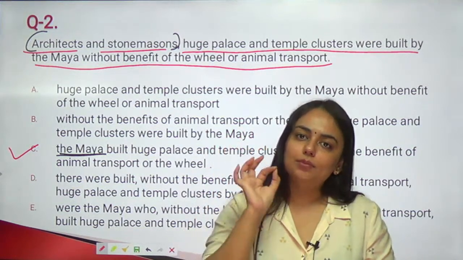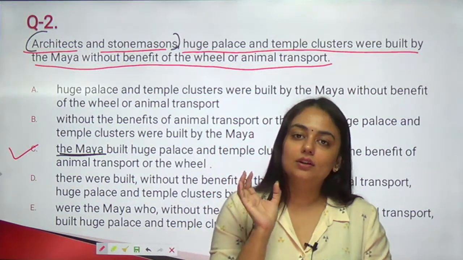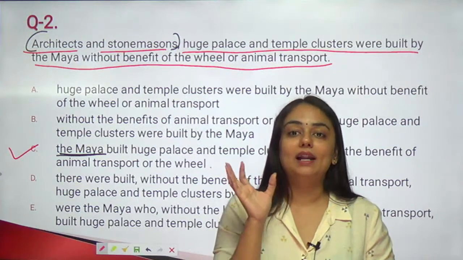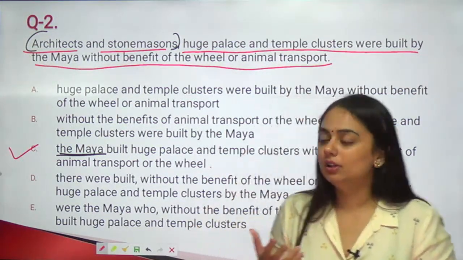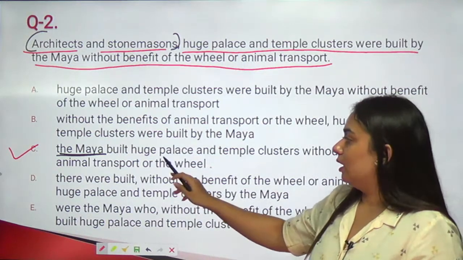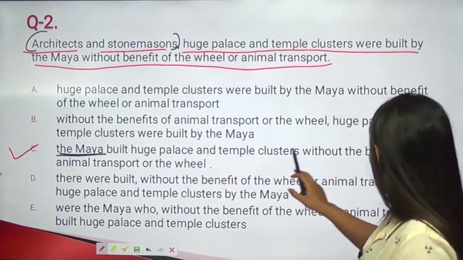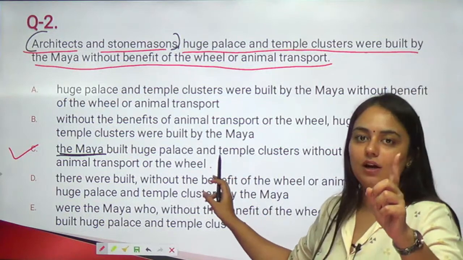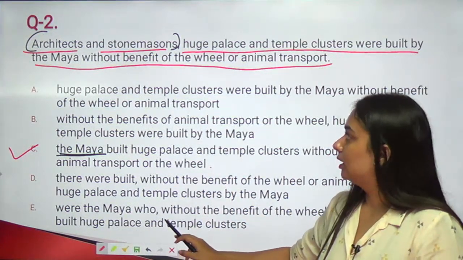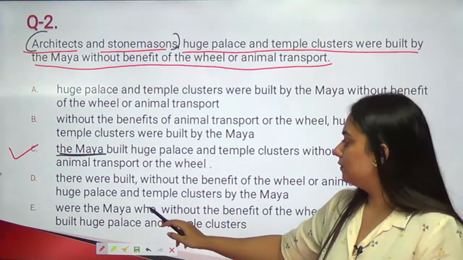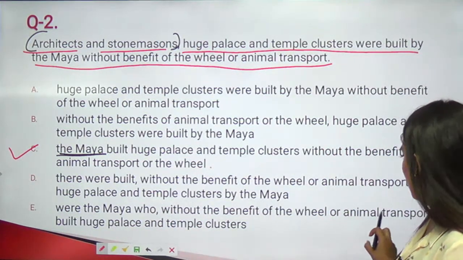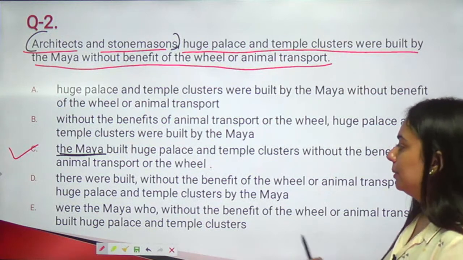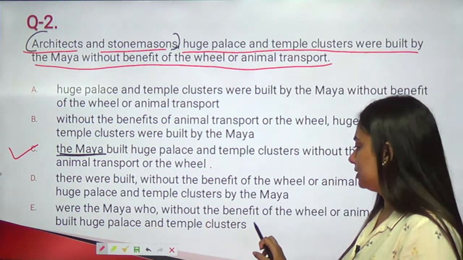So if there is one option which is crisp and catchy, and it conveys the same meaning, that would be the right answer. Now this one, how many commas have we used here? Not even one. But in this one, architects and stonemasons were the Maya who, comma, without the benefit of the wheel or the animal transport, comma, built huge palace and temple clusters.